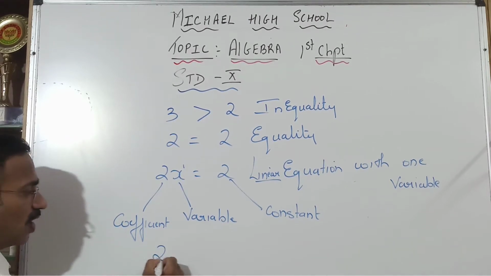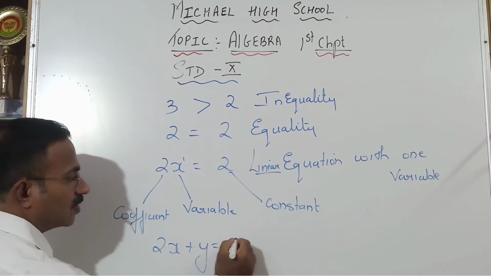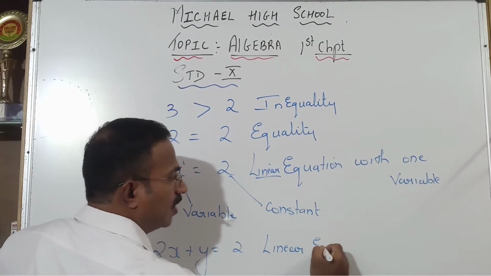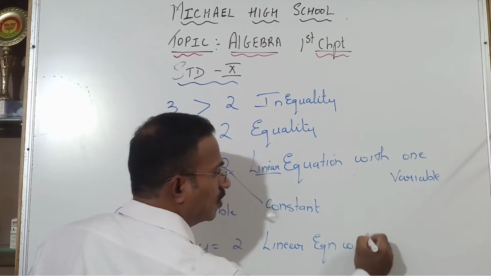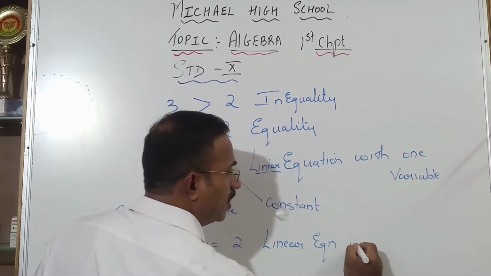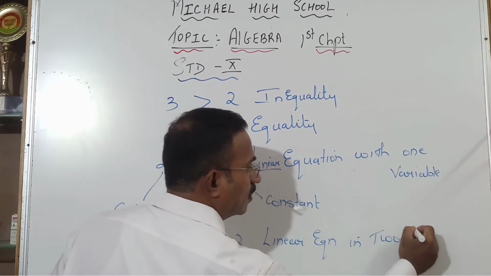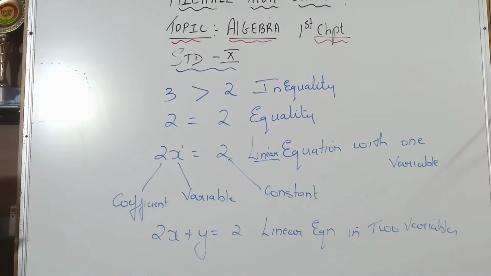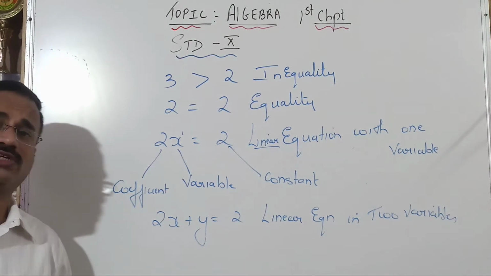But if I put two alphabets, then it becomes linear equation in two variables.